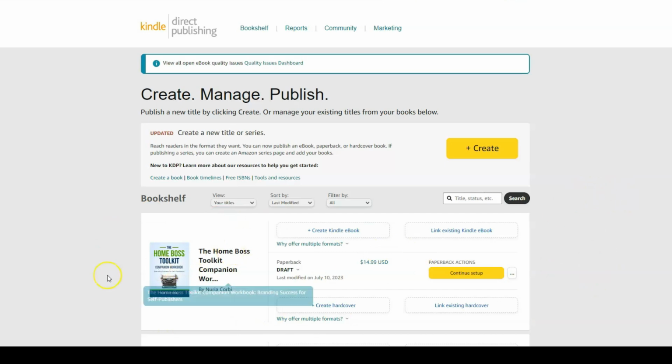As you can see, I've got a book that I haven't finished publishing yet, but it will be coming out very soon. Depending on the kind of books you have created, they will all show up here, and if you haven't created any, this will be all blank. And all we have to do is to click on Create.